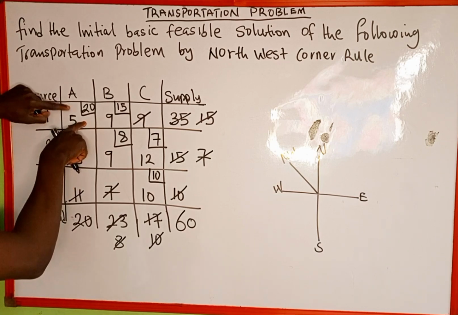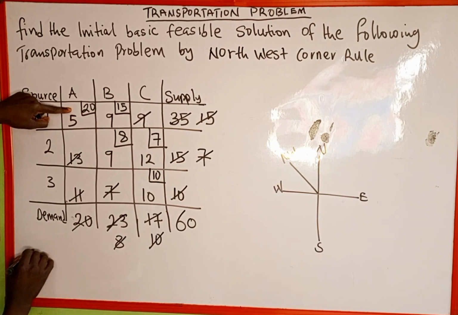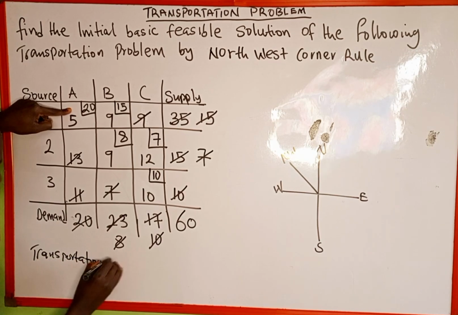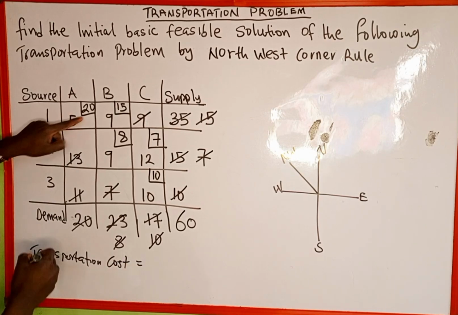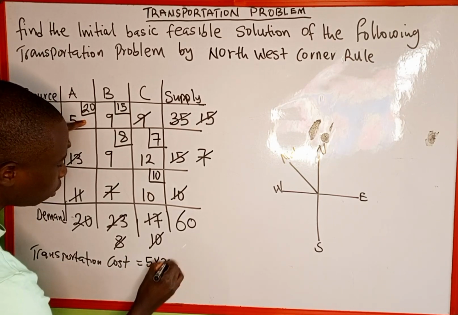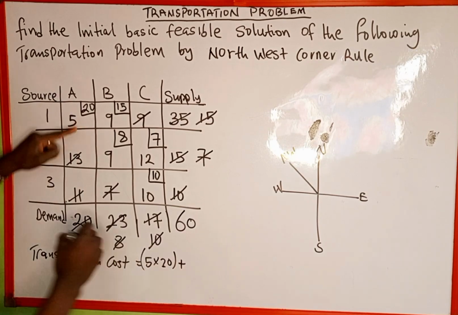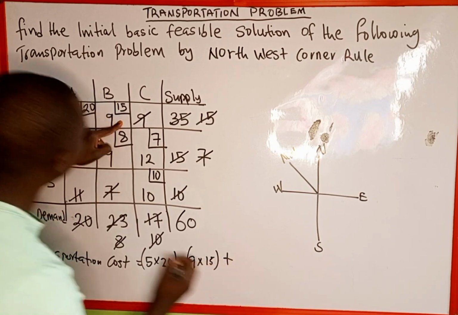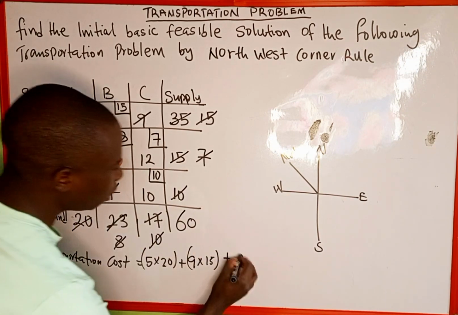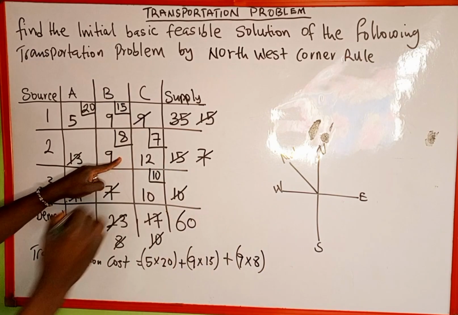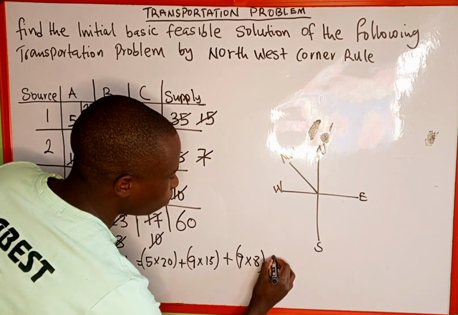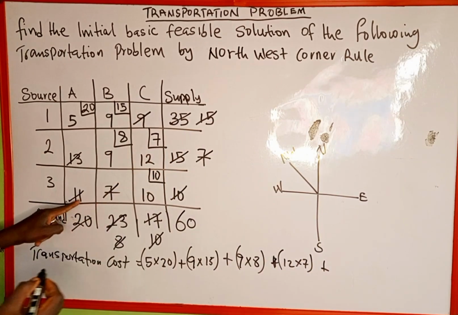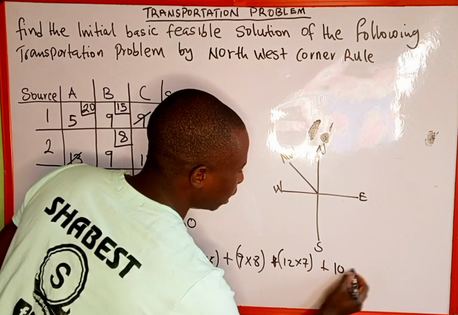So the transportation cost is going to be equal to 5 multiplied by 20, plus where we allocated again, 9 multiplied by 15, plus where we allocated here, 9 multiplied by 8, then 12 multiplied by 7, plus where we did the allocation here, 10 multiplied by 10.